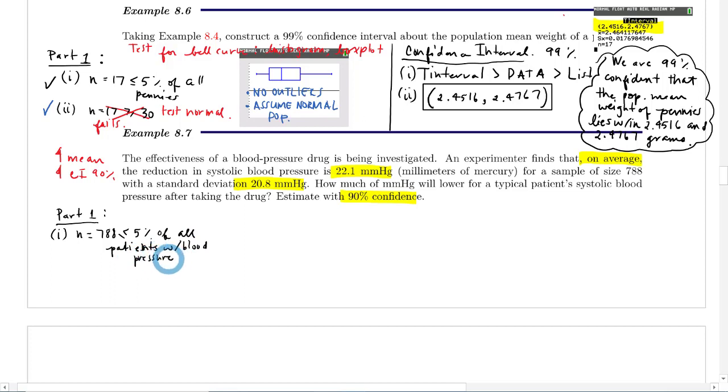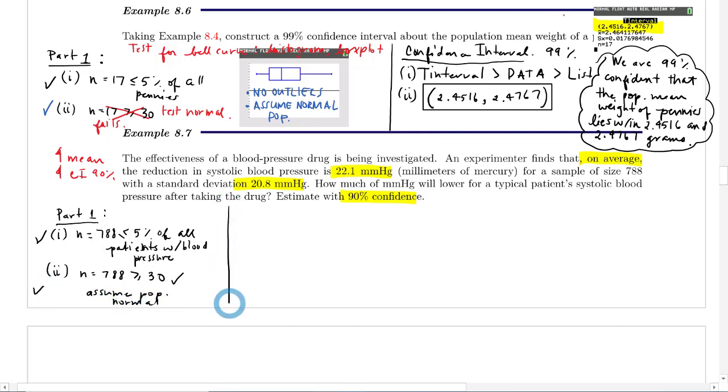Well, 788 people is way less than 5% because everybody has a blood pressure, right? So this one's done. The second part is, does our sample come from an approximately normal distribution? Well, if it's 788, this has to be greater than or equal to 30, and it is. So we can go ahead and assume the population in which the sample came from was normal.